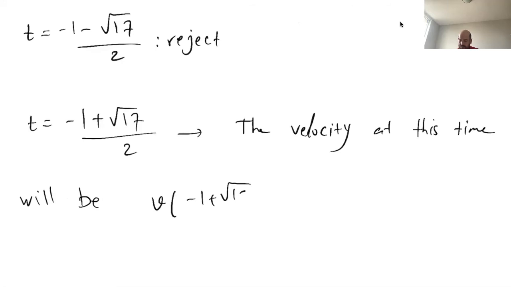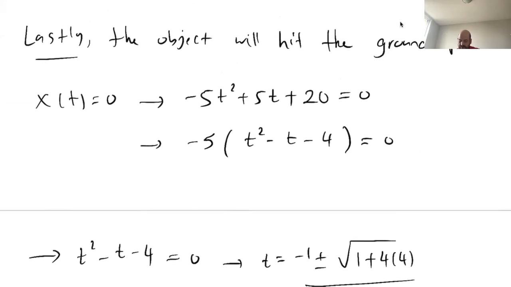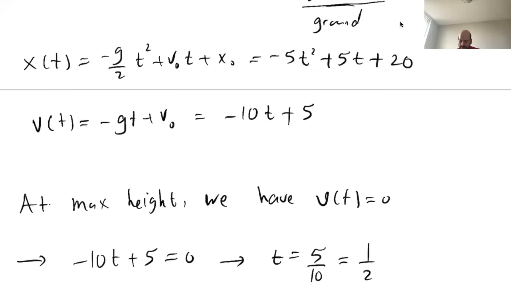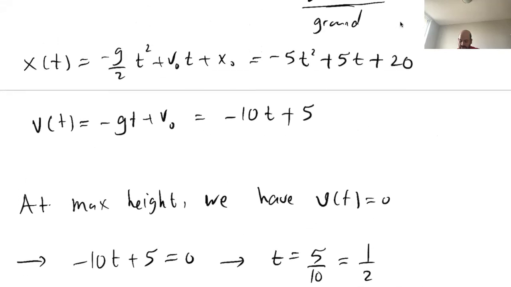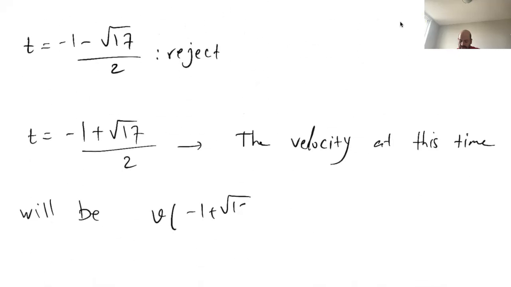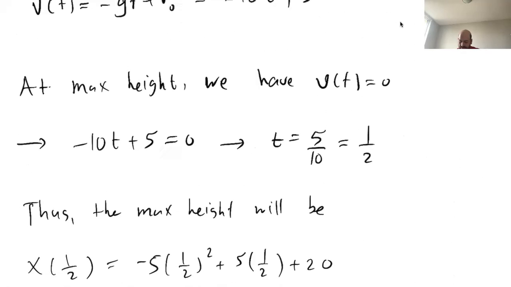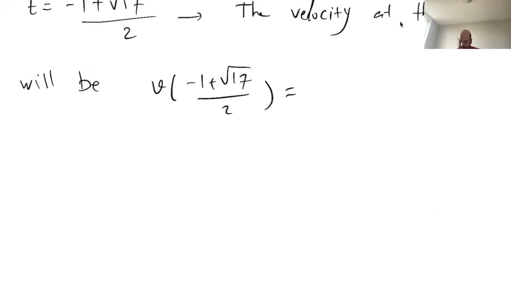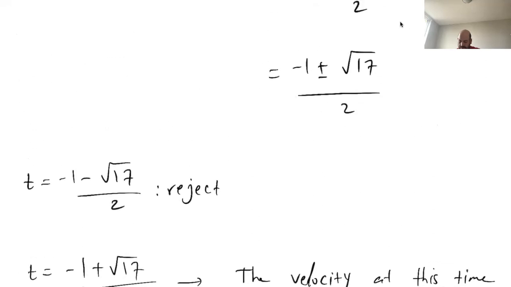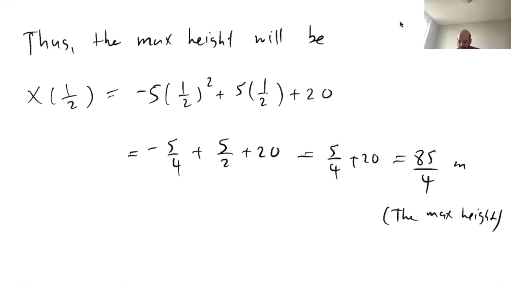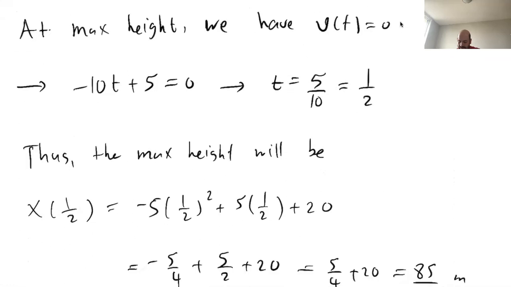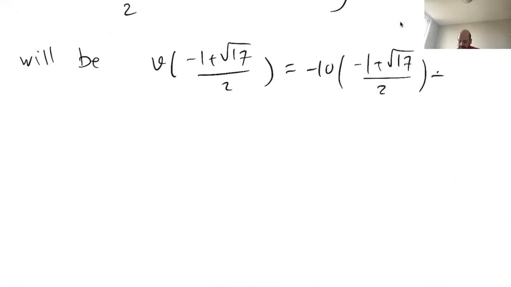So we have the equation for v of t here, and we'll have the value of t, so minus 1 plus root 17 over 2. So that's going to be minus 10 times minus 1 plus root 17 over 2, and then plus 5.